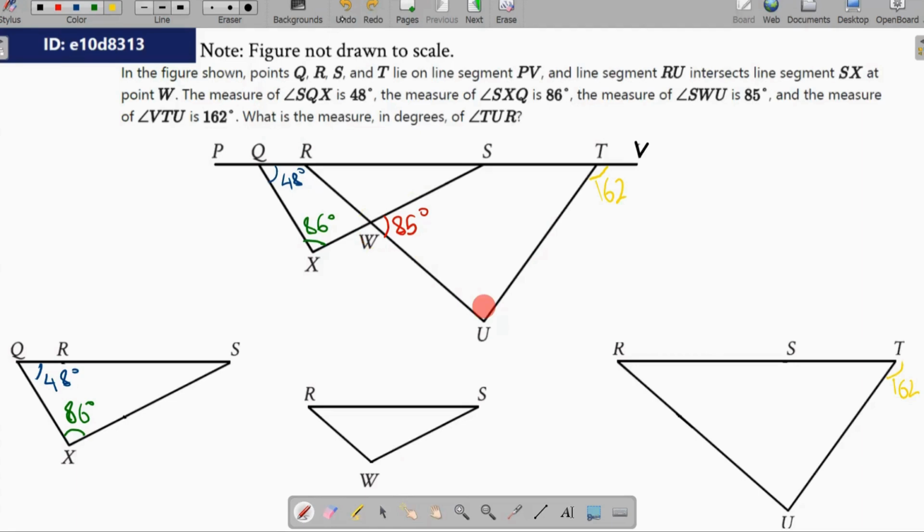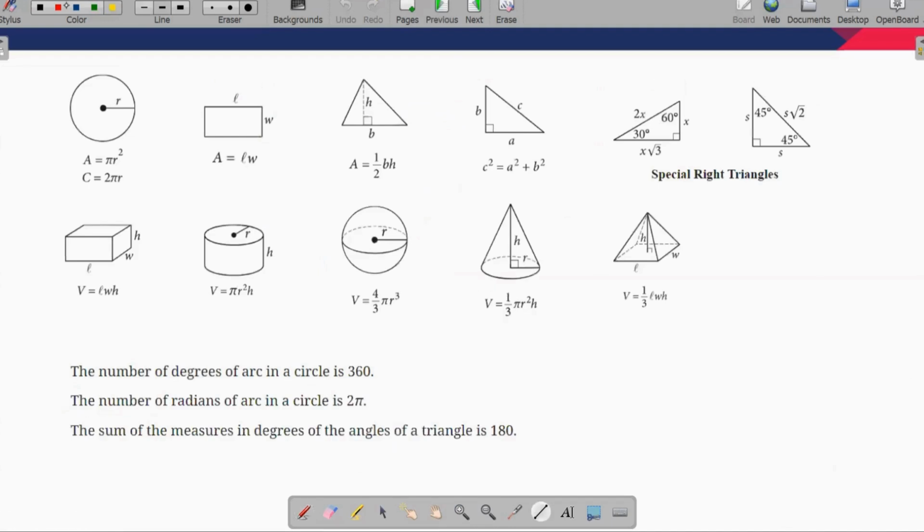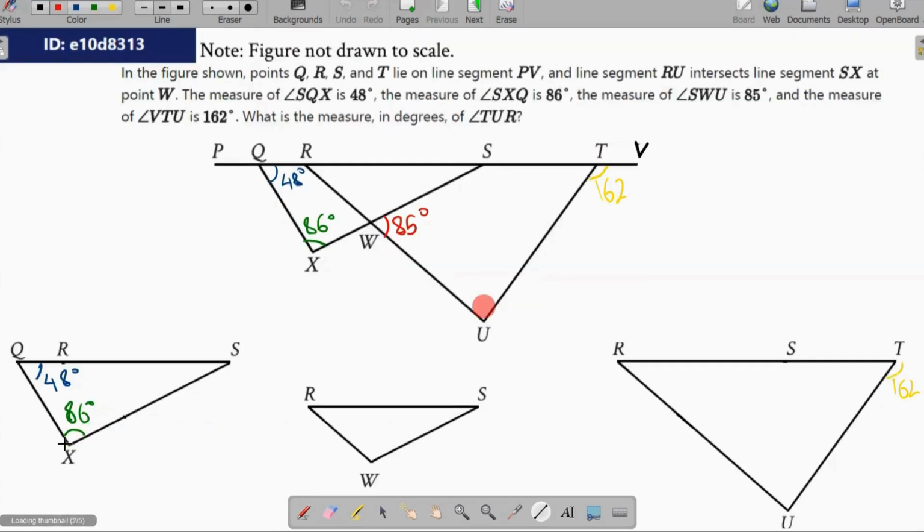Right now, I'm considering the triangle because, and here is the first rule that we need to remember, the sum of the internal angles of a triangle is always 180 degrees. If we don't remember, we will have this information in our reference on the exam: the sum of the measures in degrees of the angles of a triangle is 180. That's important because now we can easily find this missing angle.